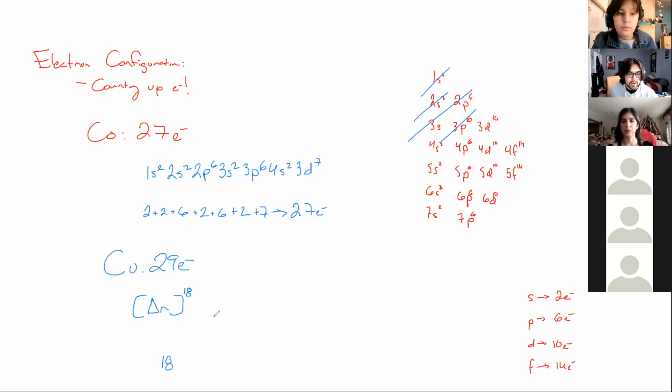And then how do I continue for copper? First 4s2, and then 3d9. Well, what's special about copper? What doesn't copper like?